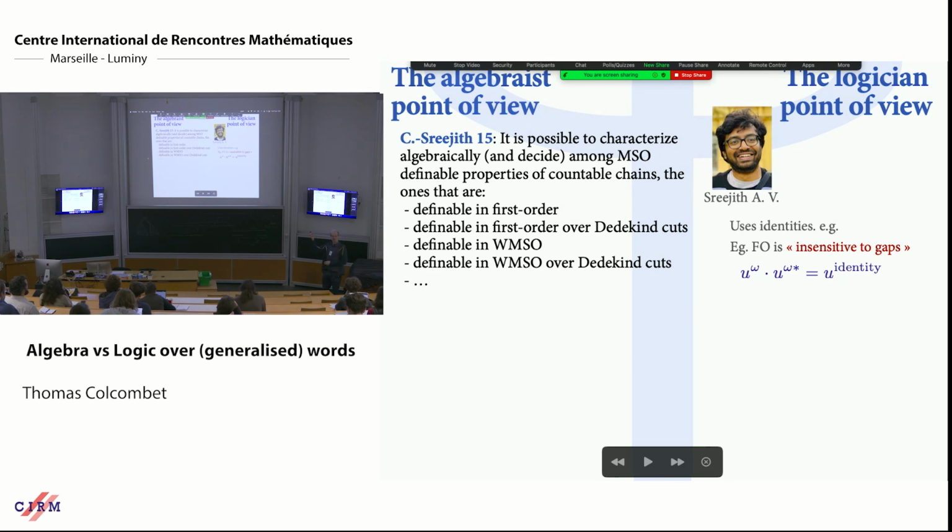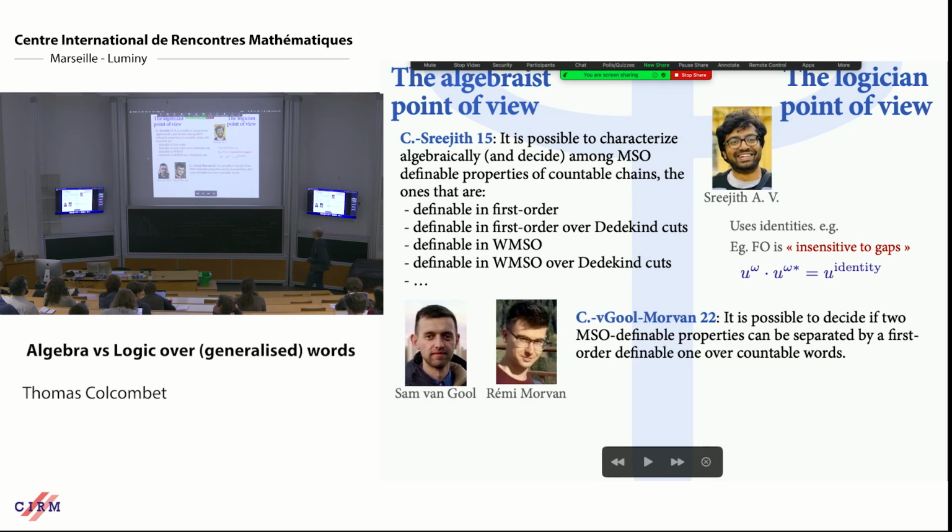And you have a list of such properties, and like that you can characterize other logics, like what it is to be weak MSO, so quantifiers over finite sets and so on. And we continued with Remy and Sam, who are here. What we've done is extend, for the moment partially, separation results over infinite linear orders.